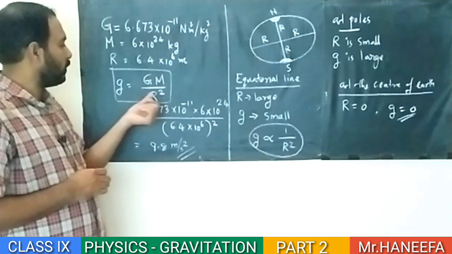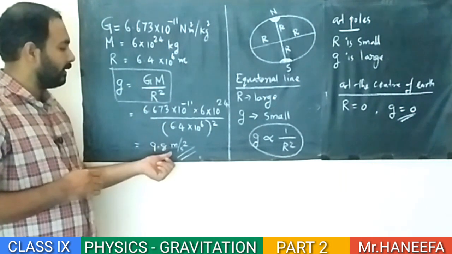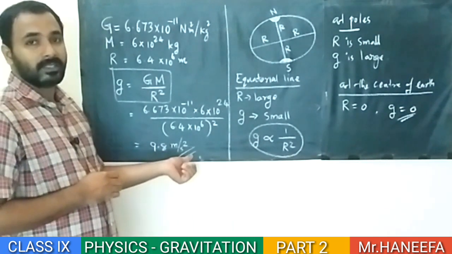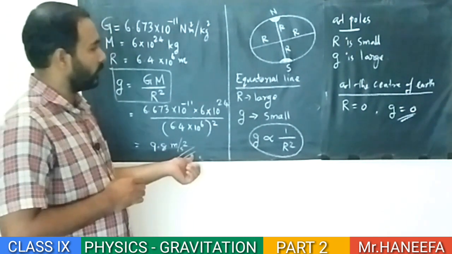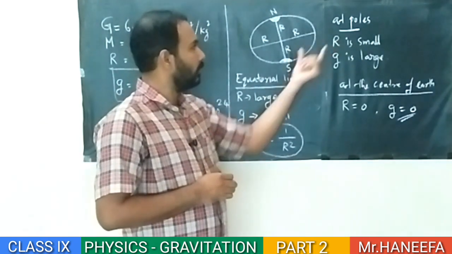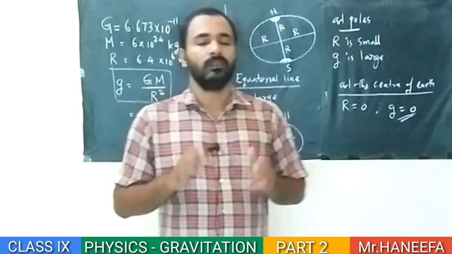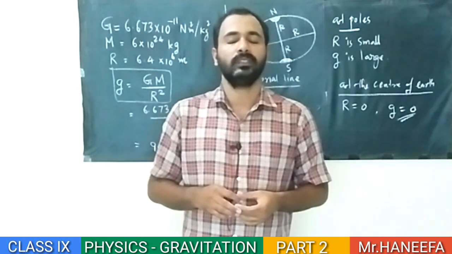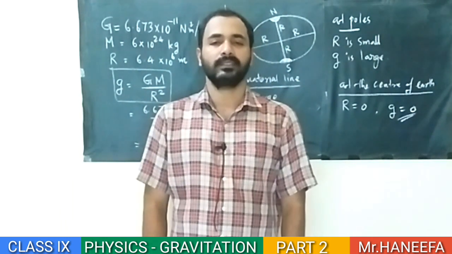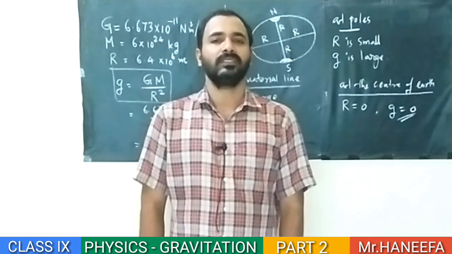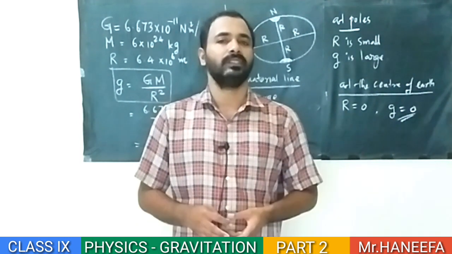What is the value of acceleration due to gravity? 9.8 meter per second square. Okay, at the equatorial line, poles and at the center of the earth, the value of acceleration due to gravity varies. Clear? This is about acceleration due to gravity.